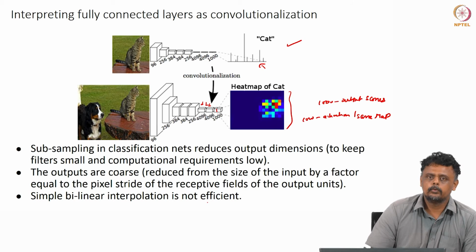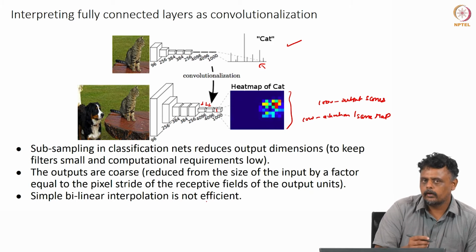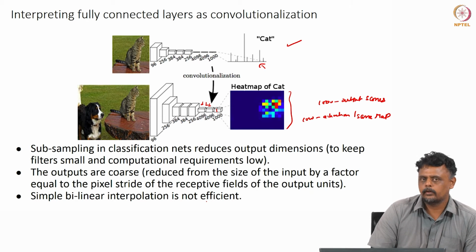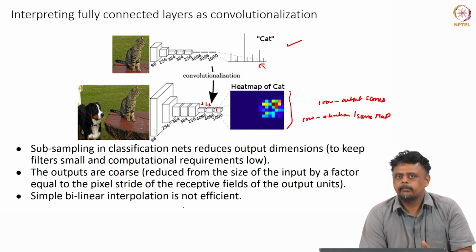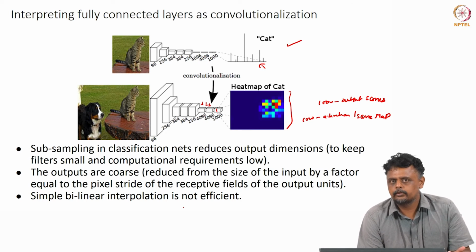So this is how, by converting from a fully connected image recognition network to a fully convolutional network, the output scores themselves are like images, with the pixel values being the probability of that particular class.